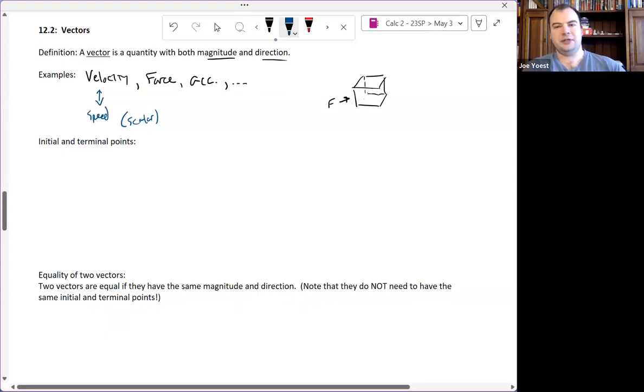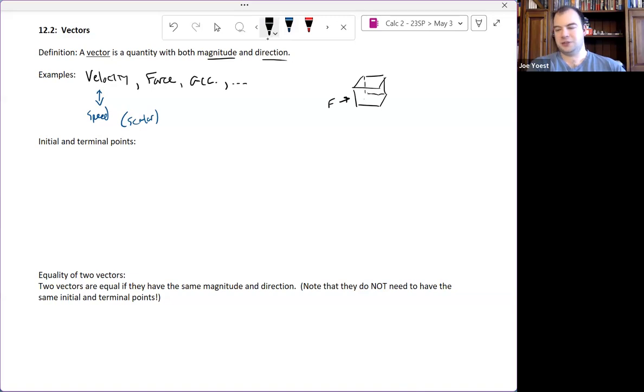So vectors have this idea of initial versus terminal points. So let's say that we're looking at a vector v bar. I usually denote it v with kind of an arrow above it.